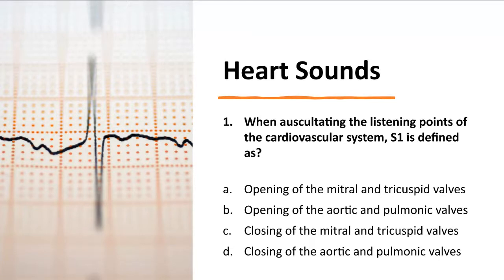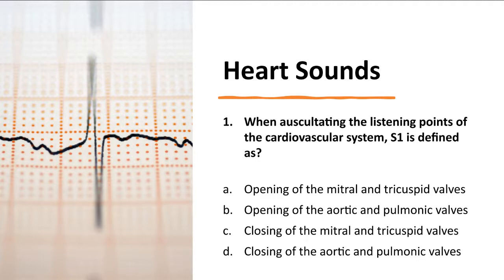So it's the closing of the mitral and the tricuspid valves. It's never the opening. You cannot hear the opening of any valve. S2 is D, the closing of the aortic and the pulmonic valve. So S1, mitral, tricuspid, S2, aortic, pulmonic. That's why when you are using your stethoscope and auscultating somebody's chest, that's what you're listening for.